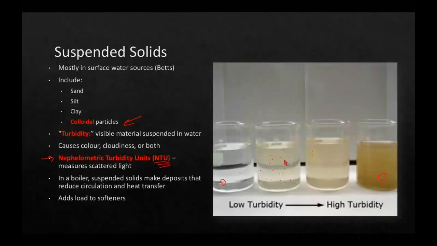Well, in a boiler, it's going to accumulate because, of course, we're driving off pure water, and there goes our pure water, and we're putting in impure water, and so we find that the amount of impurities increases in the boiler, and in the case of a suspended solid, it's going to coat the heat transfer surfaces. It's going to impede heat transfer, very much like scale does. It's not the same as scale, but it has a similar effect.